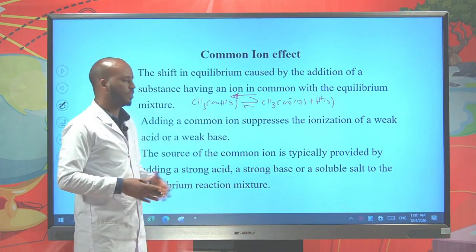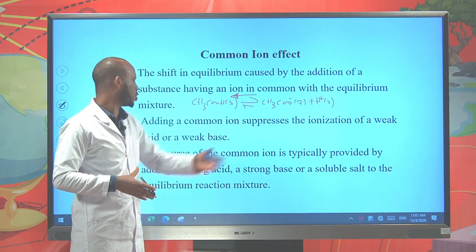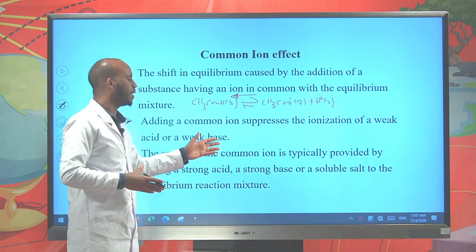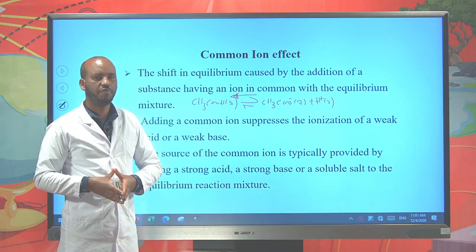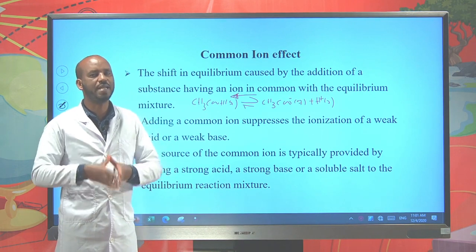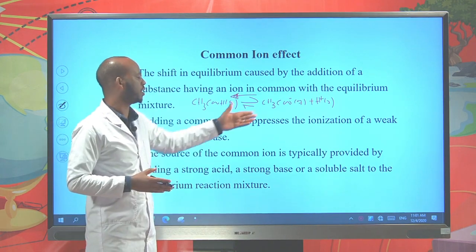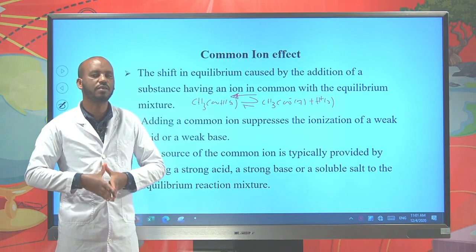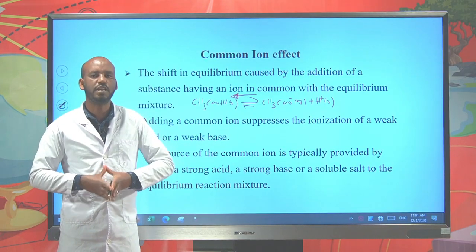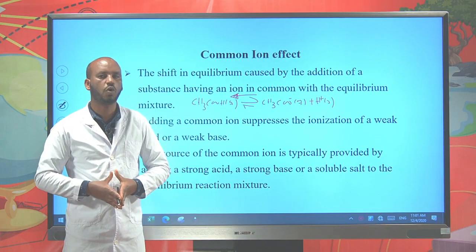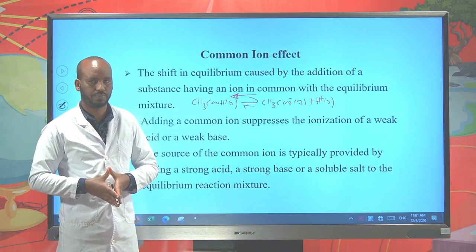Adding a common ion suppresses the ionization of a weak acid or a weak base. If a substance having a common ion is added to the equilibrium mixture of the weak acid or the weak base, then the dissociation of the weak acid or the weak base is suppressed.